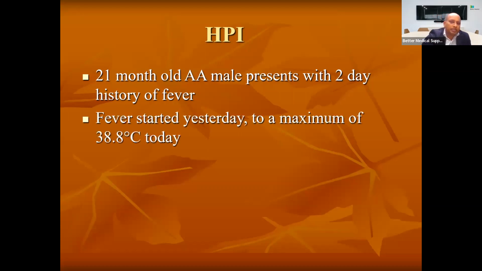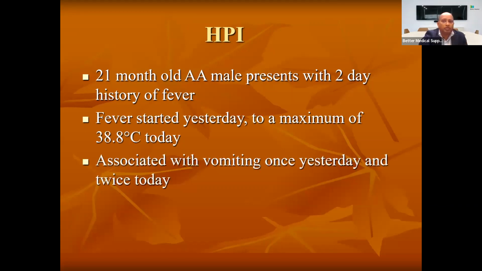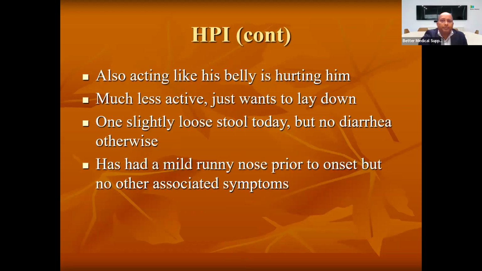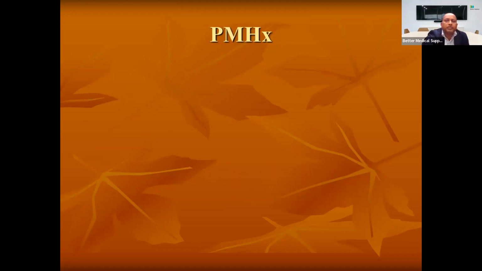You can see this, and I will share these slides with you, so I need not repeat everything. So here's a febrile child with vomiting and abdominal pain. Obviously he's arching his tummy, but it's very non-specific, and he had 1 or 2 episodes of loose stools.